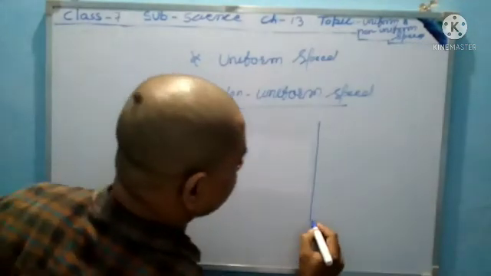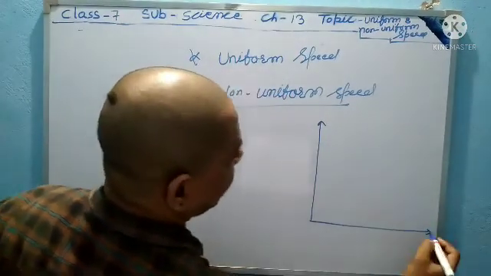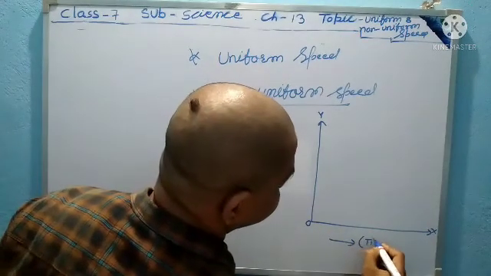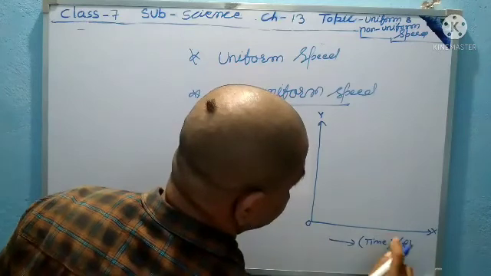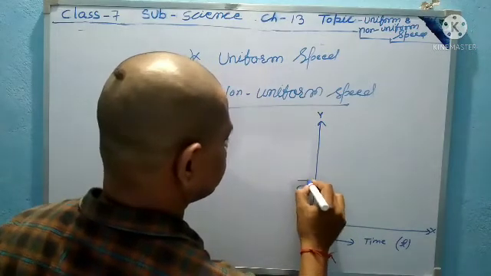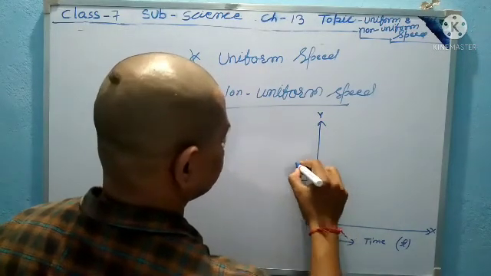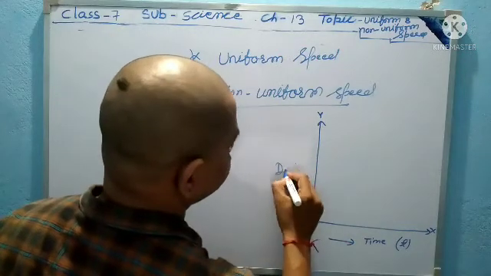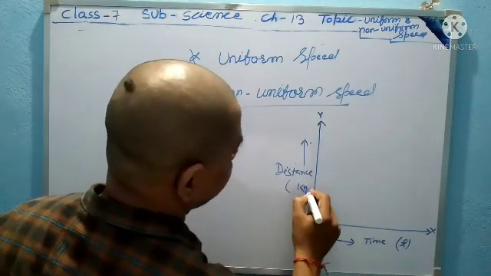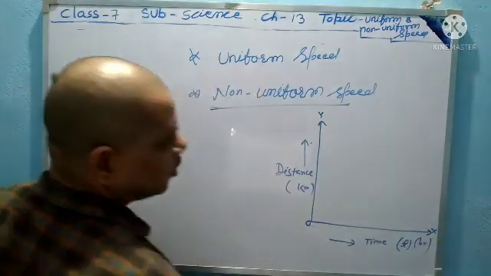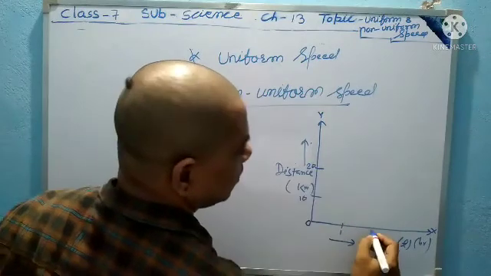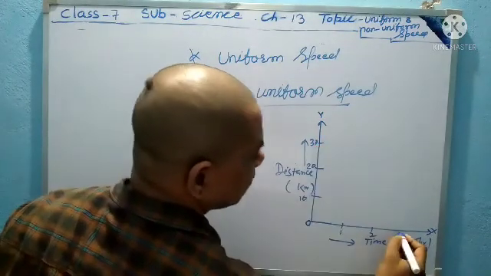Now take this type of graph, with x-axis, y-axis, and origin. Time is taken on one axis and distance in kilometers on the other, in hours. So 10 kilometers in 1 hour, another 10 kilometers in 1 hour, and another 10 kilometers in 1 hour.